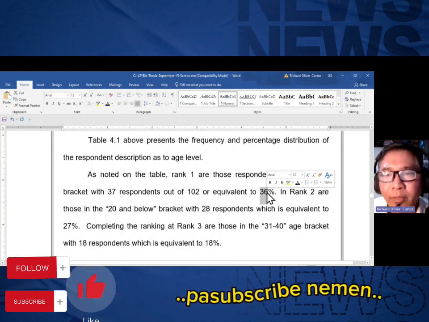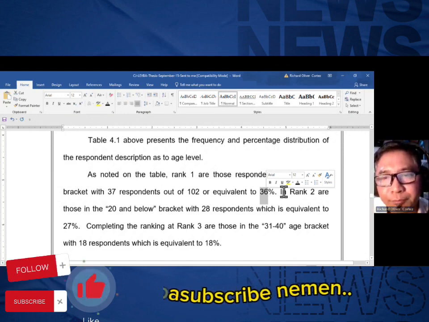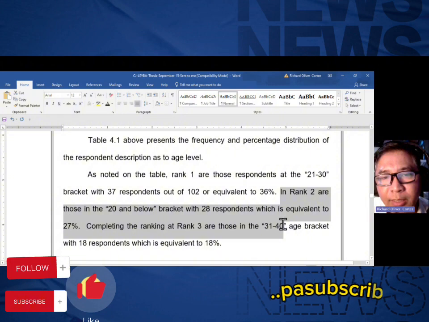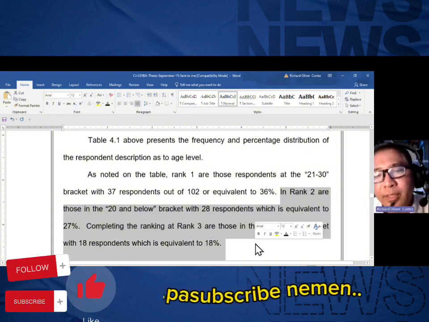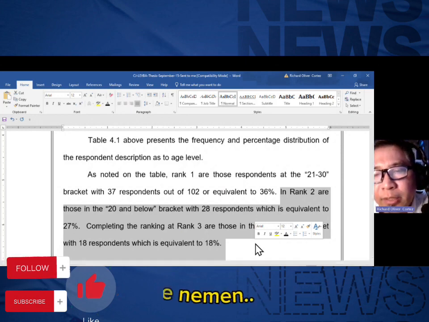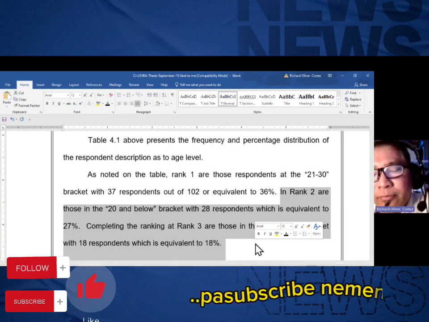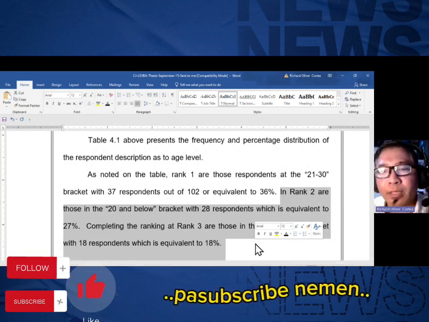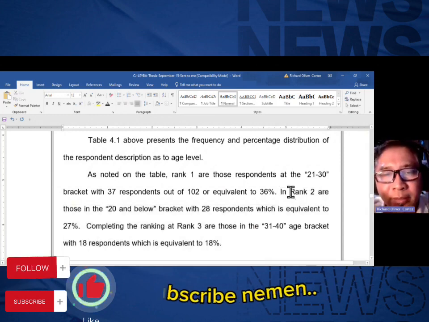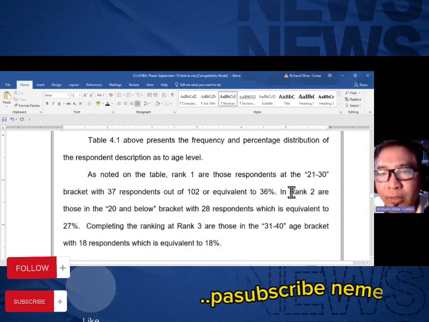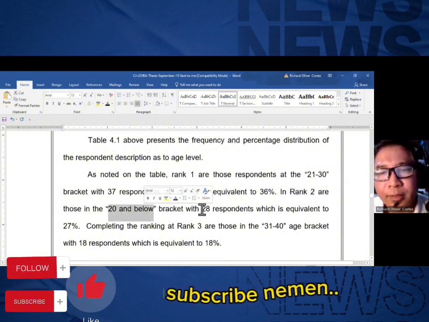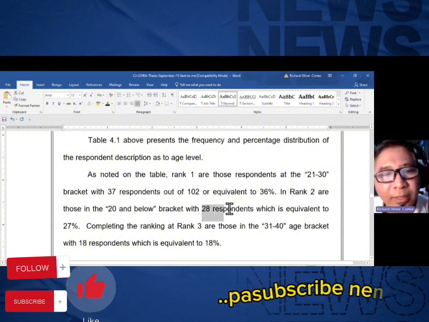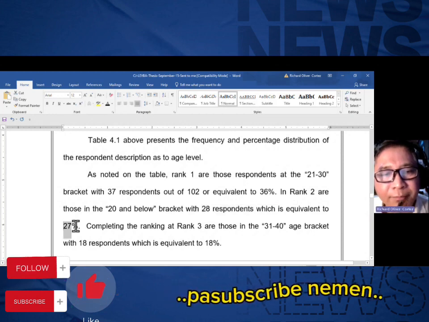Okay, the same thing with rank number 2. We're just going to identify here the first 3 in rank in your paragraph number 2. So rank 2, you identify or introduce rank 2, the indicator, the frequency, and the percentage.